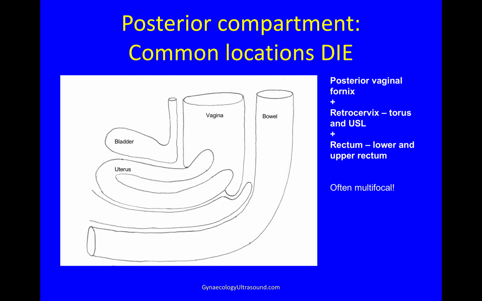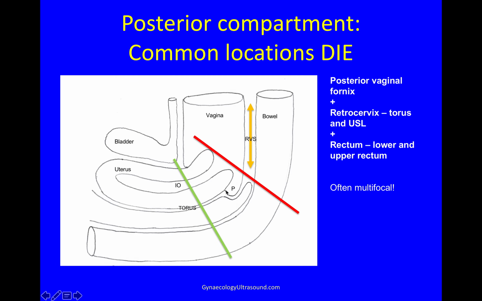So I'm in the posterior compartment now, and I'm looking for DIE. So again, draw the line where the bladder attaches to the anterior uterus. Then here is the internal os. Behind that is the torus. And then I've drawn a line past the external cervical os. This is the rectovaginal septum, where I've never seen endometriosis.